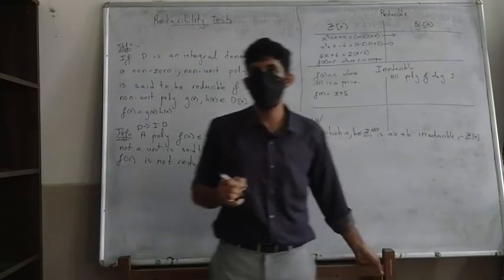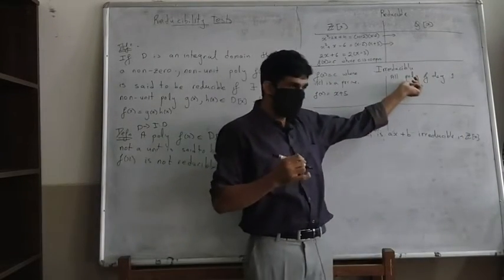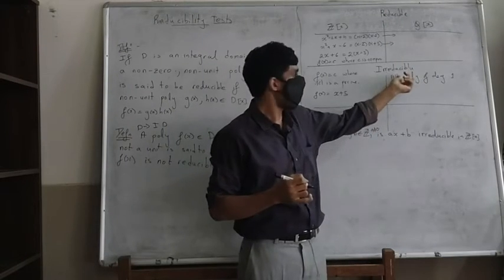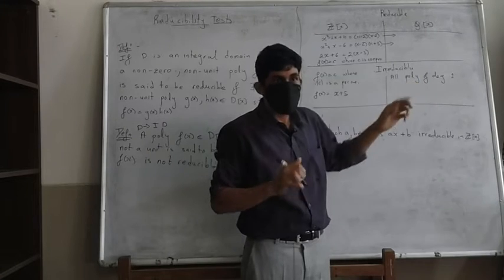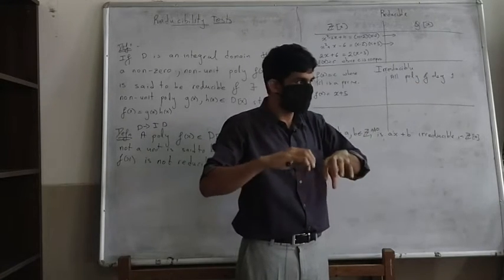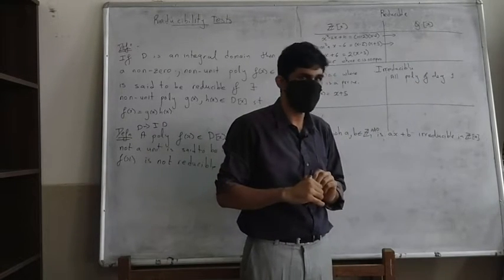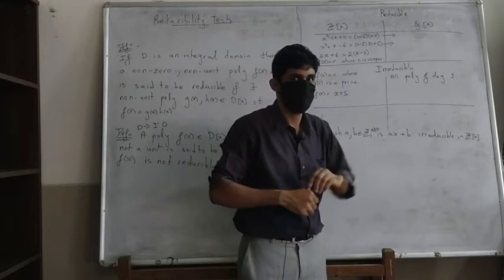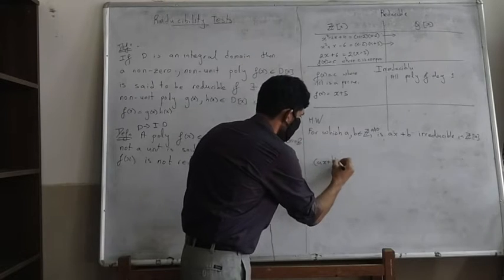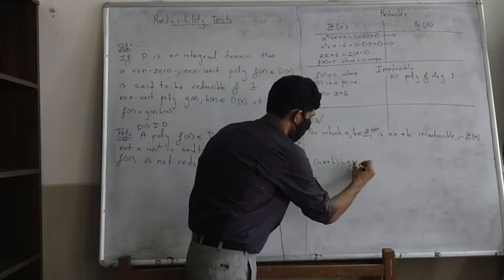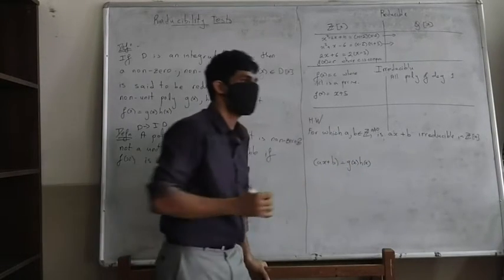Because if I take a polynomial of degree 1, say ax plus b, and break it down into g of x into h of x, what does it mean?